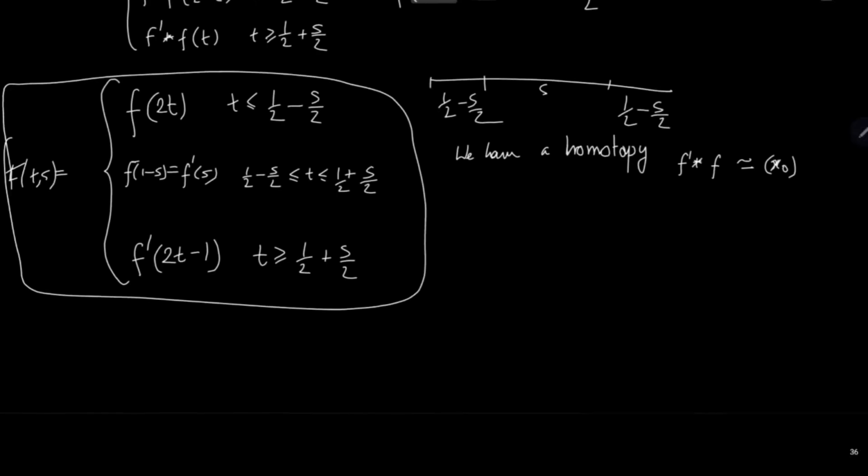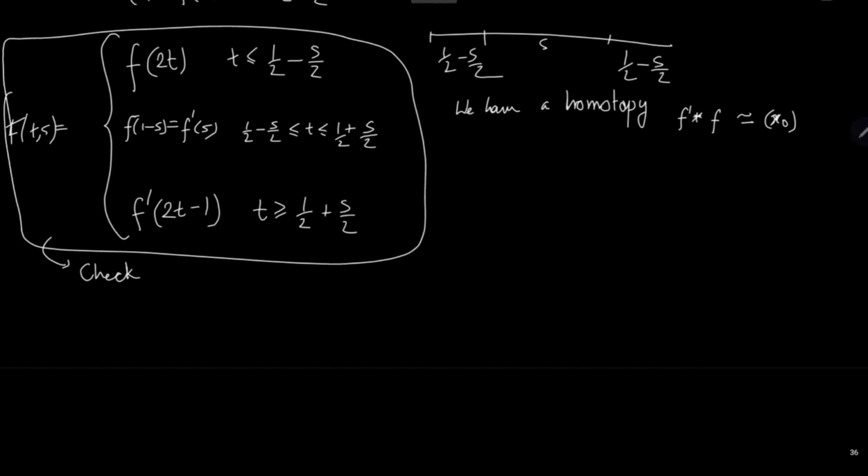So if you want, I can just check that if s is equal to 0, then f of t comma 0 is just f of 2t for t less than or equal to half, and f dash of 2t minus 1 for t greater than or equal to half.